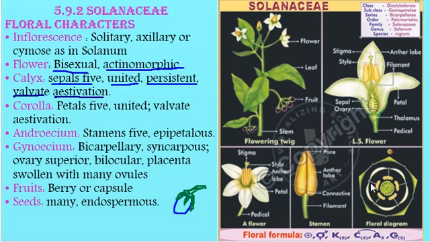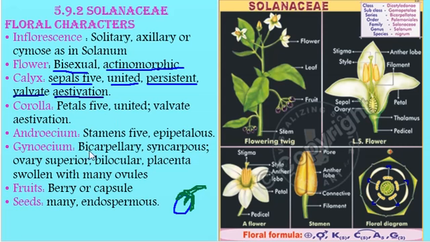The united or fused condition of the petals is shown like this. The attachment is shown like this. Fine. So corolla: petals 5, united, and valvate estivation.